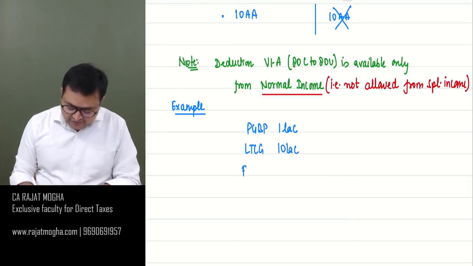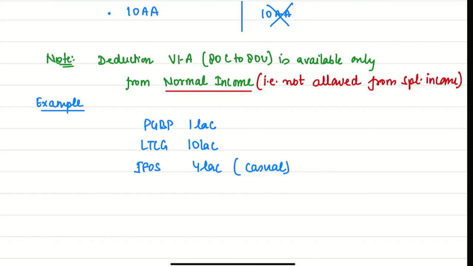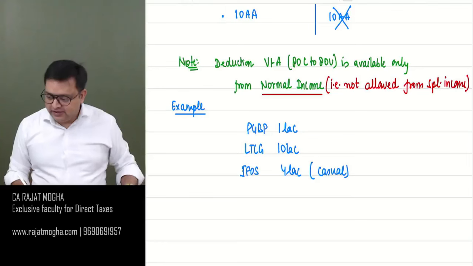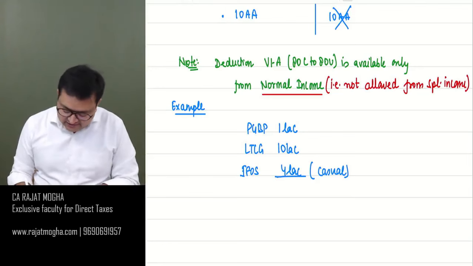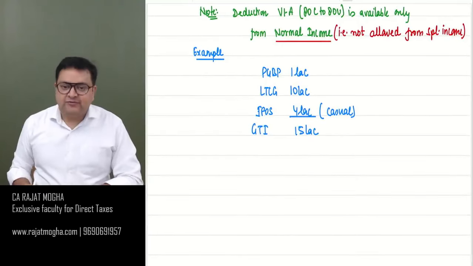He has IFOS of rupees 4 lakh, and all this 4 lakh is coming from casual income, lottery, game show, etc. So he has GTI of 15 lakh.